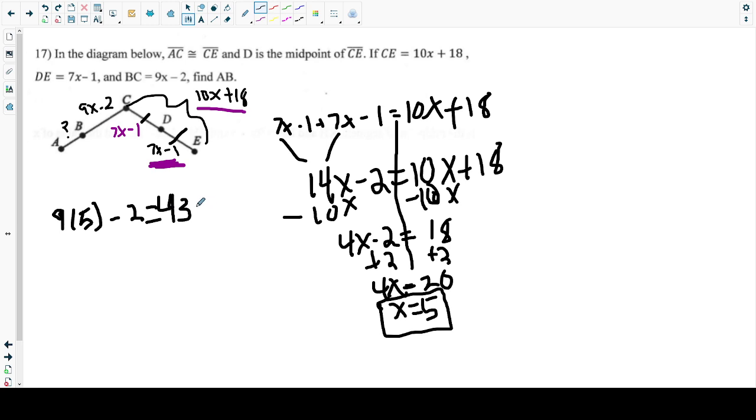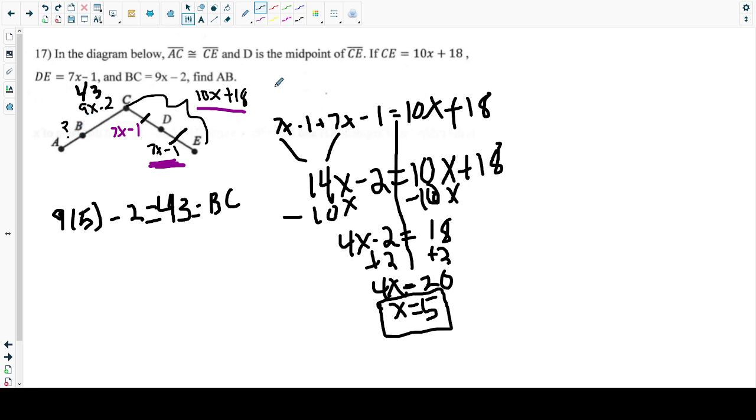So I know that is going to be how big BC is. So this guy right here is going to be 43. Now, if I knew how big AC was in total, I could take that entire length, subtract 43, and then I'd have how big AB is. That'd be great, but I don't.